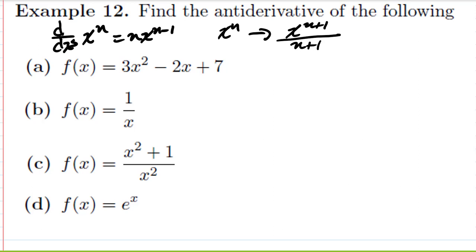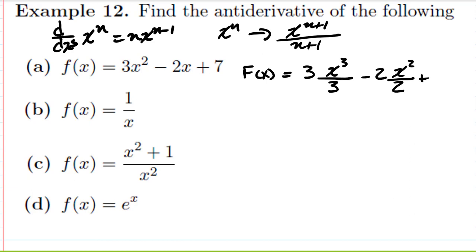So we can apply this rule to each term in the polynomial. Our exponent is 2, so 2 plus 1 is 3, but I forgot I have a 3 out in front, so then I'm going to get x to the third over 3 minus 2, and we do the same thing to the next one, so we get x squared over 2.